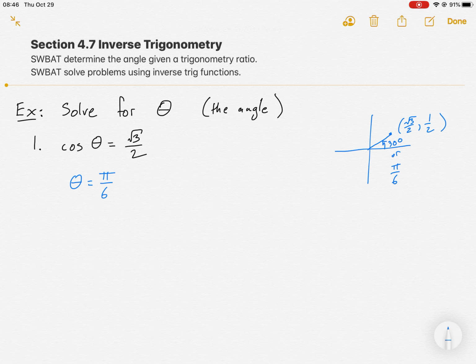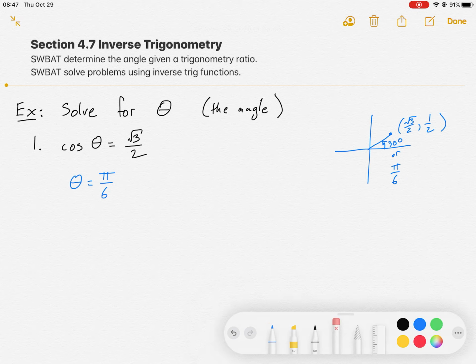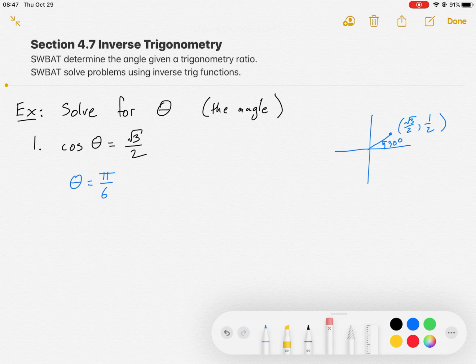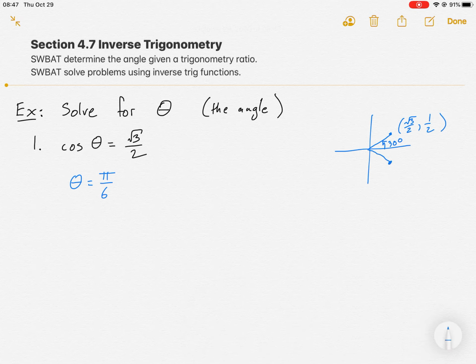Now, if we were to look back at the unit circle, we would also notice that if I come around to the other side of the x-axis, so if I go this way, I'm also going to have the square root of 3 over 2, but it'll be negative 1/2.